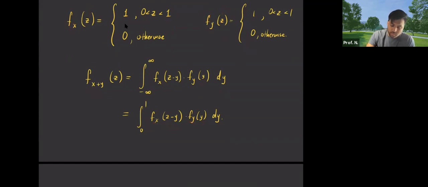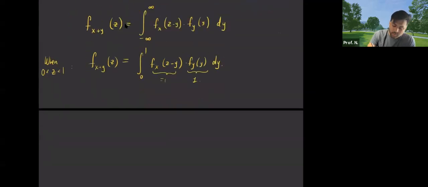So these are essentially just 1. That's when Z is between 0 and 1. So essentially you're saying 1 times 1 dy. So it's really just this dy.